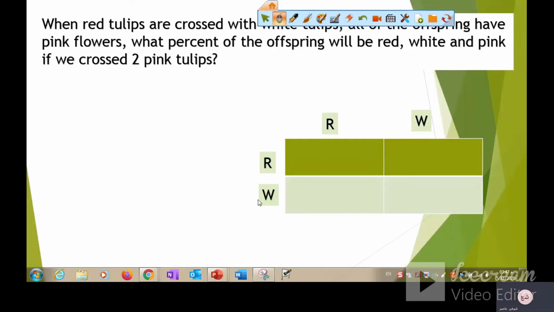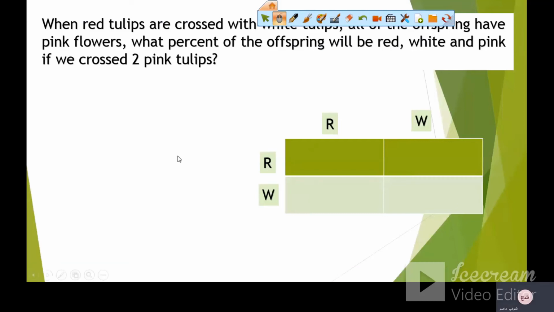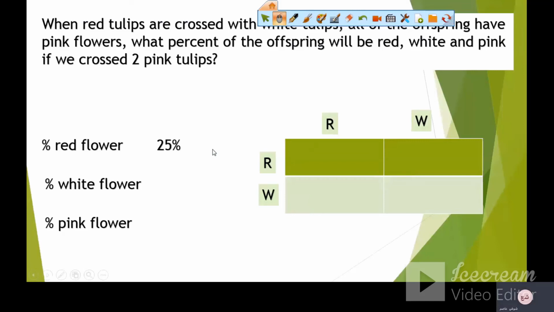If both of them are crossed, what will happen? Let's complete this Punnett square. I need the percent of the red one, the white one, and the pink one. If we complete it, you will find RR, RW, RW, and WW.